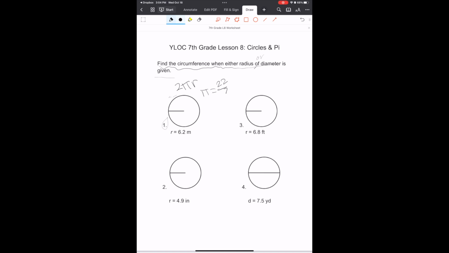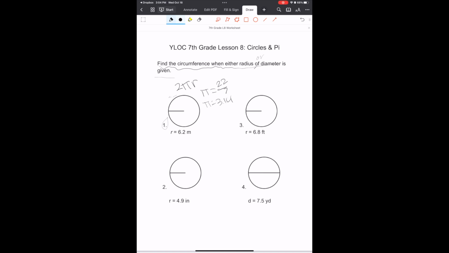So we're just going to use pi equal to 3.14 as a placeholder. 22 over 7 is an infinite number that lasts forever, and the first 3 digits of it are 3.14.